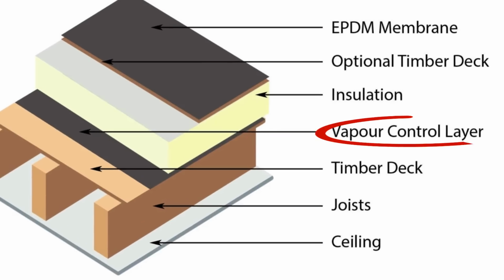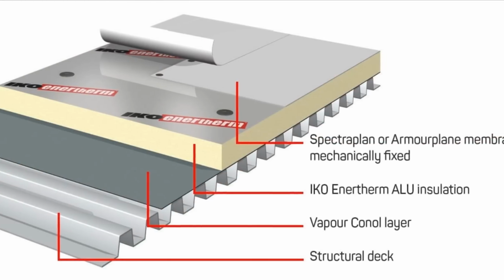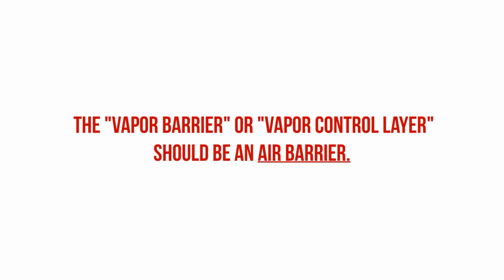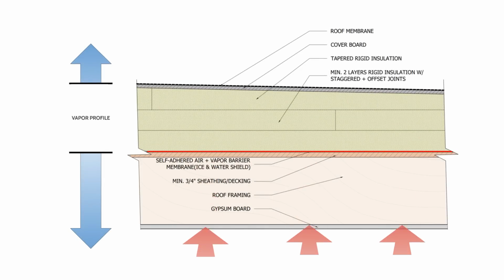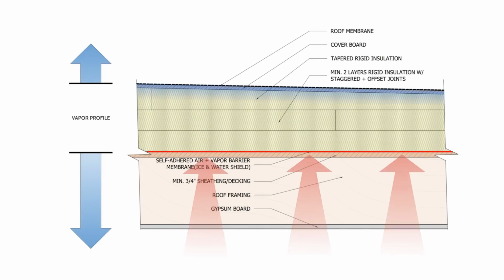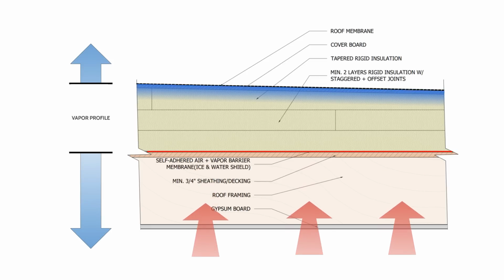This brings us to our next essential, and that's the primary air barrier. Now, this is oftentimes referred to as the vapor control layer, or the vapor barrier in a flat roof assembly, but its primary function is an air barrier, as this is the most important function because this is stopping warm, moisture-laden air from the interior from leaking into the upper parts of the assembly and condensing on the underside of the impermeable roof membrane.